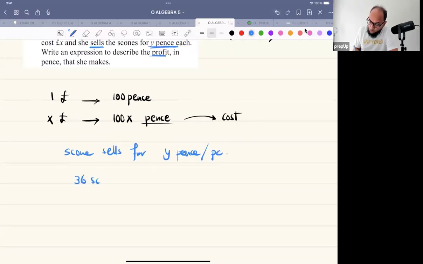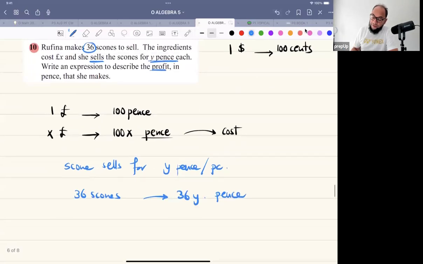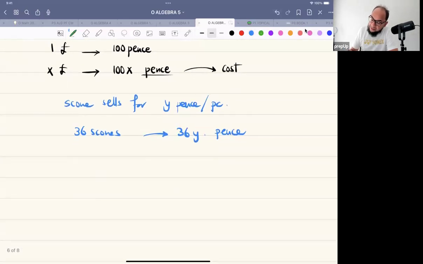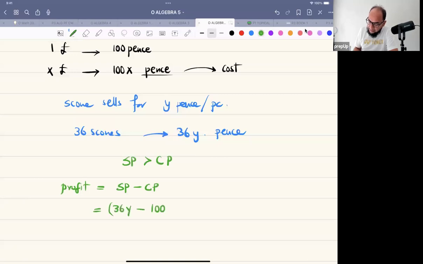Therefore, 36 scones should be 36Y pence. It's a profit. That means the selling price is more than cost price. Selling price minus cost price equals the profit. So selling price is 36Y, cost price is 100X. That is the answer for this particular part.